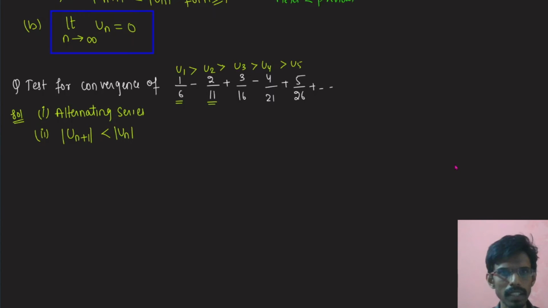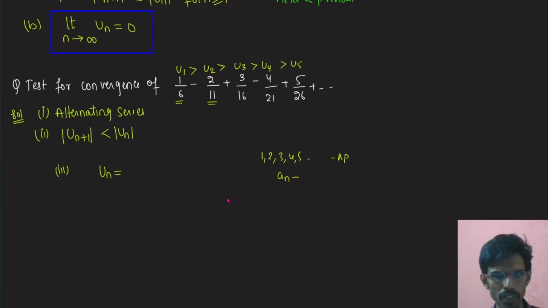Now we want the limit n tends to infinite, value is 0. So in order to do that, I'll take the general term un. For general term un, see here in numerator we have 1, 2, 3, 4, 5 and so on in arithmetic progression.